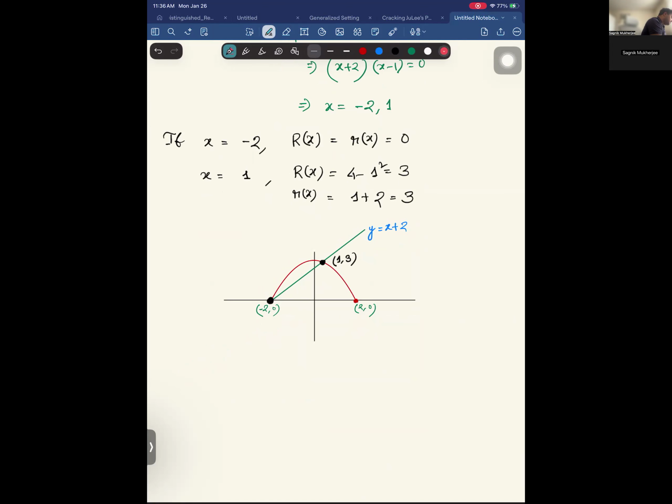So let me make a note. Negative 2 comma 0 and 1 comma 3, right?